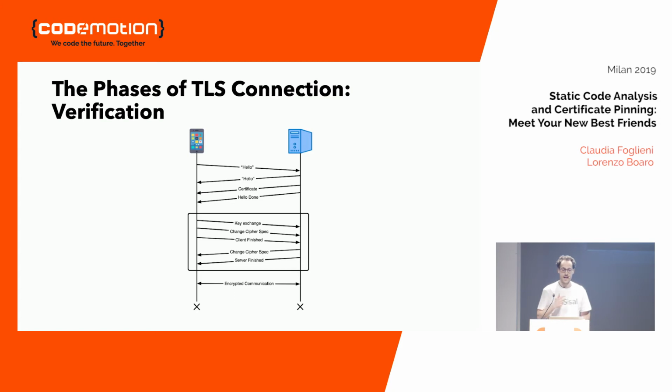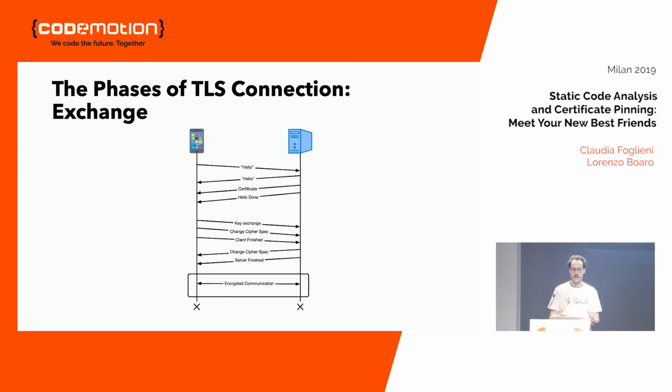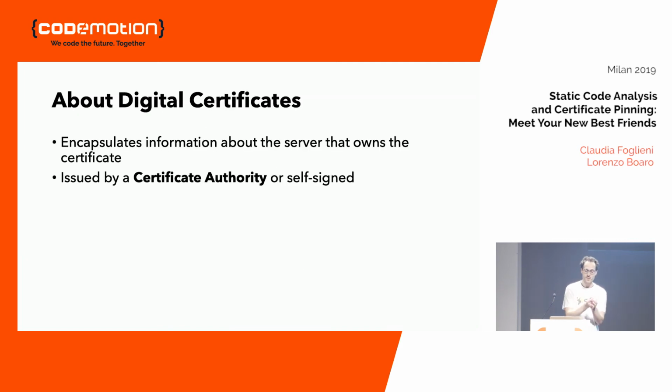Okay. Now the client and the server have a pre-master secret key, and with the same steps they can generate a master secret key. This master secret key is the one used to perform symmetric cryptography. So this shared key is used to encrypt and decrypt the communication between the two parties.